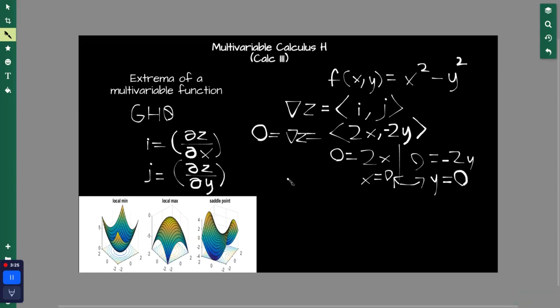Now let's input this into a Hessian matrix. This is the next step. So this will be fxx, fyy, and of course fxy and fyx, which should be the same value, these two.